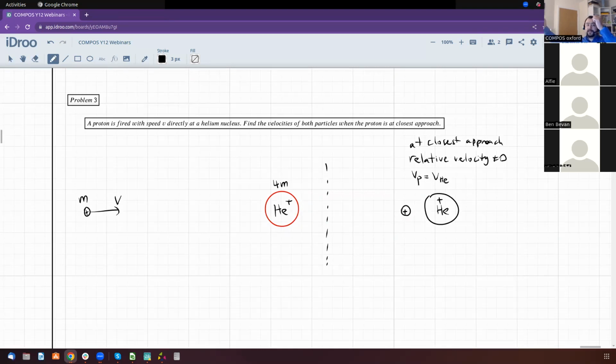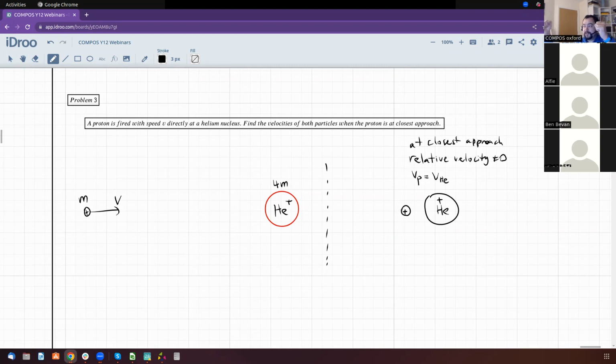So the helium nucleus is stationary, and the proton is approaching it. And the helium particle starts to accelerate. So the proton will keep pushing, and the helium will accelerate away.